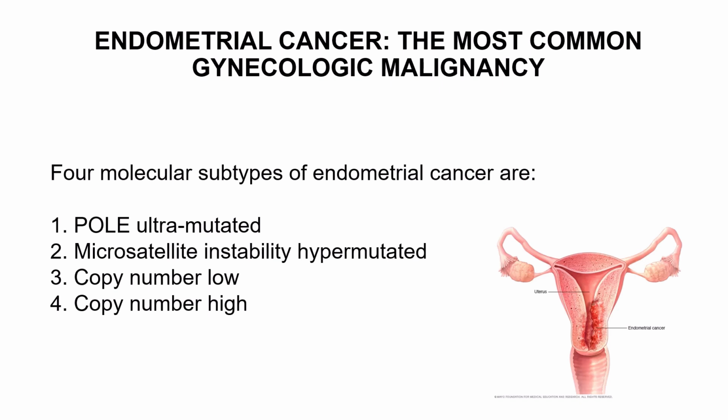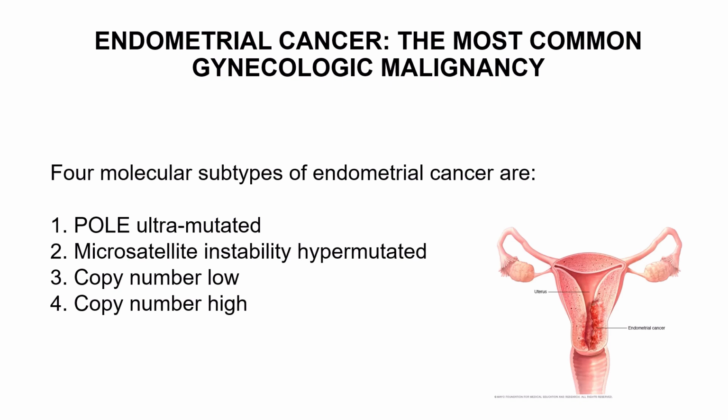The third group is copy number low. This subtype is characterized by a relatively stable genome with low levels of copy number alteration. It includes tumors with few chromosomal aberrations and mutations, often associated with endometrioid histology and a moderate prognosis. The last one, the fourth group, is copy number high.